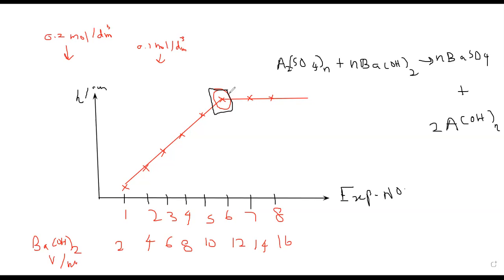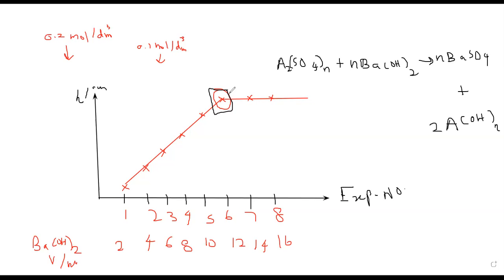Yes, but now barium hydroxide is in excess. After experiment 6, even though the maximum height is the same, both are totally reacted, but now barium hydroxide is in excess.